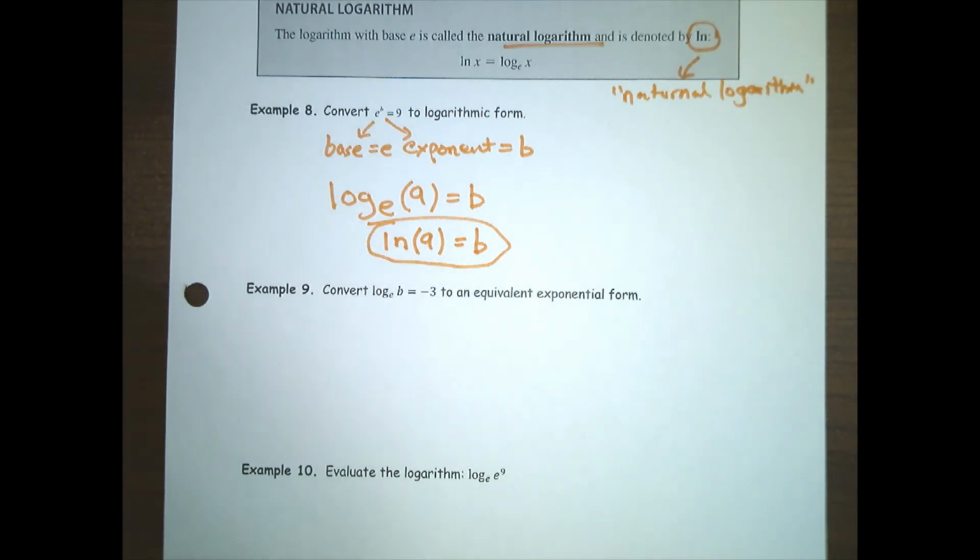So just be very careful with the notation. Also notice that I'm writing it with a lowercase l, so you should be extra careful again of the notation.